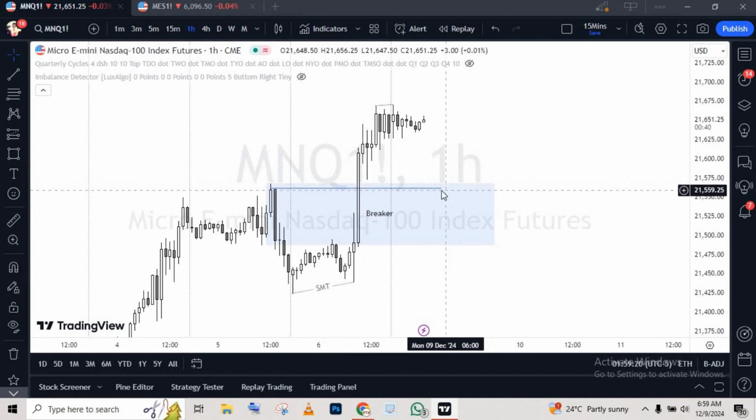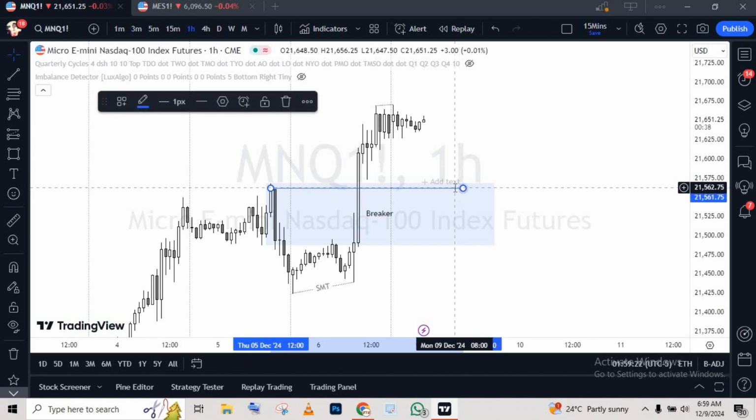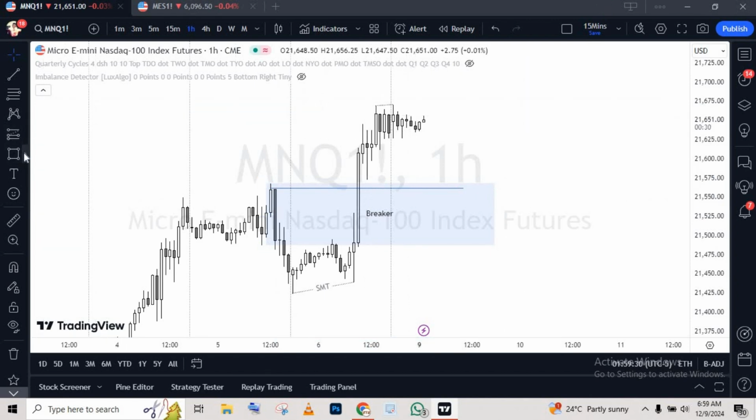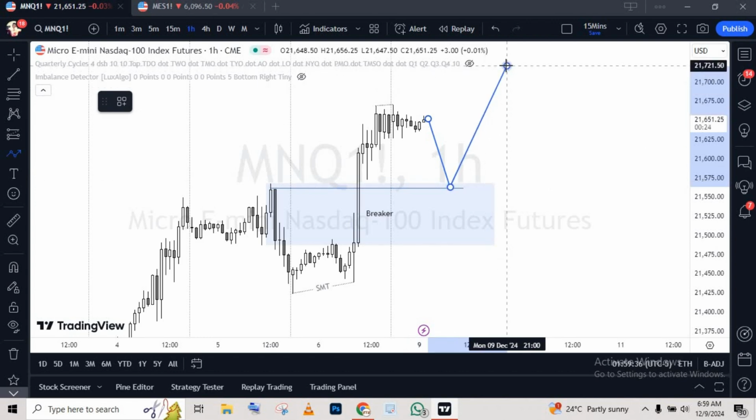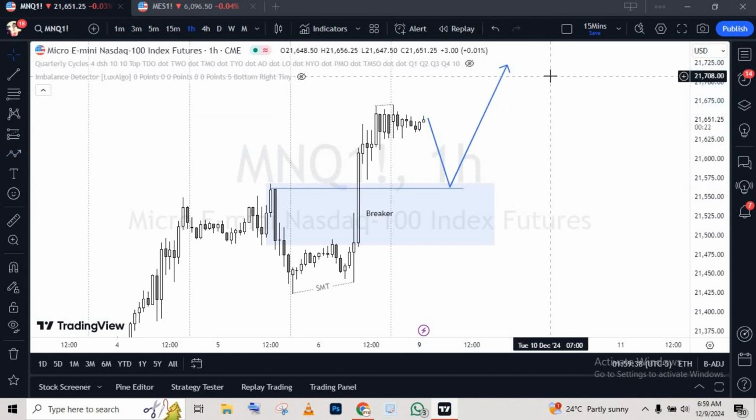This is the consequent encroachment of the 1H fair value gap, and it also coincides with the breaker and the order block. So that is pretty much what I'm looking for on NQ, a sell down here, and then a continuation to the upside. Okay, that's what I'm looking for.